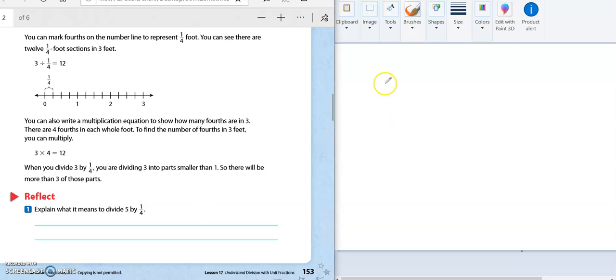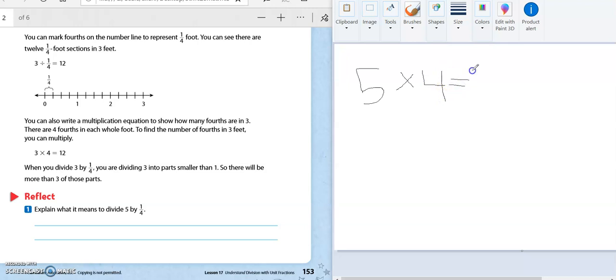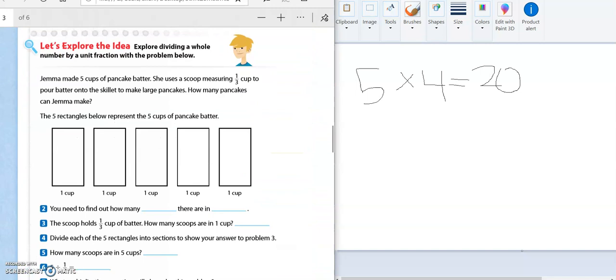A way we can do it showing multiplication could be showing 5 times 4 equals 20.